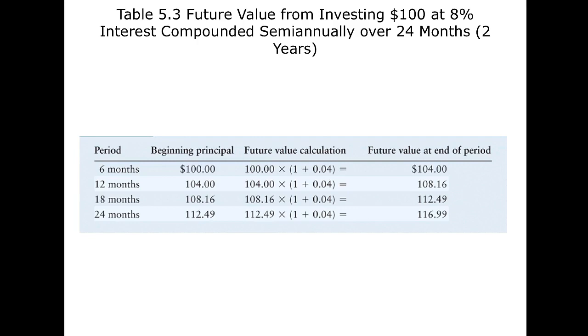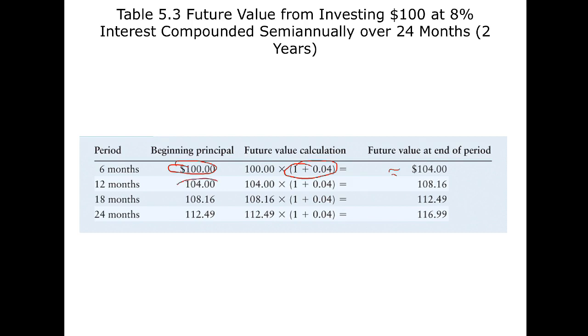For the first 6-month period, the interest rate is 4%: 8% per year divided by 2 gives us 4% per 6 months. So 100 times 1.04 gives us a future value at the end of that first 6 months of $104.